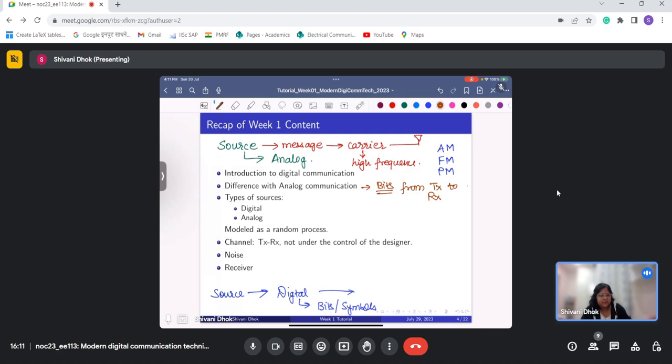I won't mention rate and other things right now, but the target is that whatever bits I am sending have to be received with the minimum possible bit error rate, or probability of error, or symbol error probability. Then another thing that was introduced was types of sources. The first source is the analog source, which generates an analog waveform.